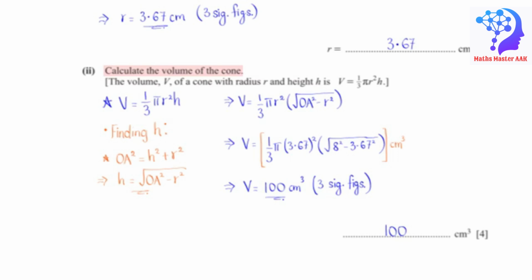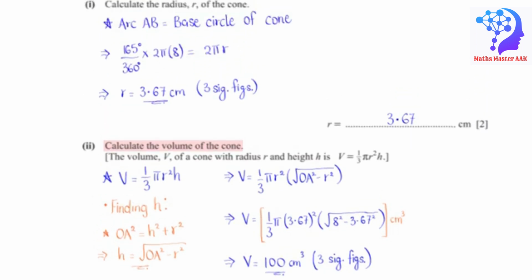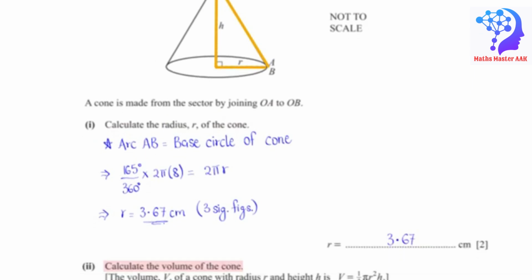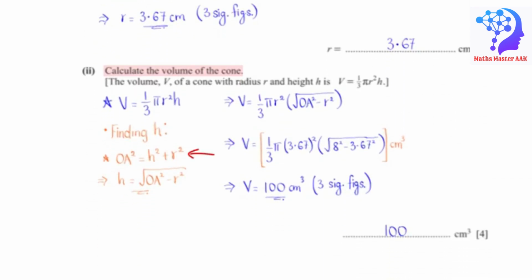This is 3.67. To find the height of the cone, we can apply Pythagoras theorem. And so this gives us OA squared is equal to h squared plus r squared. When we make h the subject, we have the square root of OA squared minus r squared. Remember that OA is the same as the radius of the sector, and that is 8 centimeters.